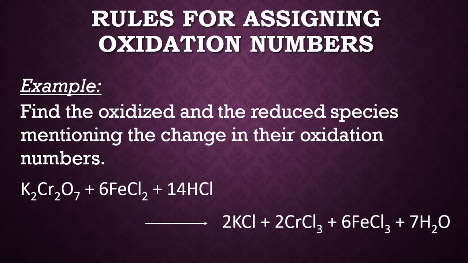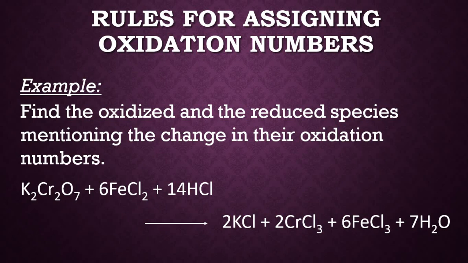First, we should calculate the oxidation number of each element on its own. So, for the first compound, potassium dichromate, it's known that the oxidation number of oxygen equals -2 and the oxidation number of potassium equals +1. And these are fixed oxidation numbers because potassium lies in group 1A, so it always has an oxidation number equal to +1, and oxygen usually has a -2 oxidation number except in 3 compounds that we've mentioned.